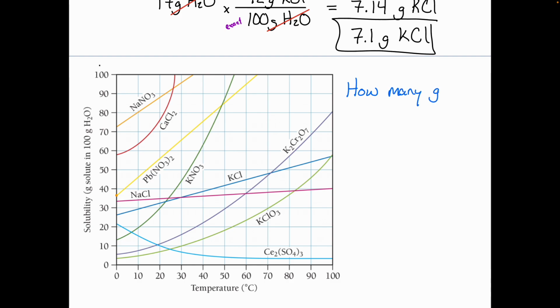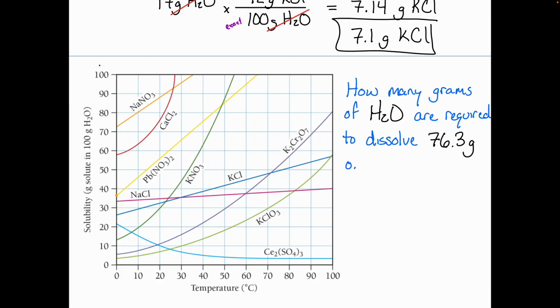All right, how many grams of water are required to dissolve, let's do 76.3 grams of potassium chlorate at 50 degrees Celsius.